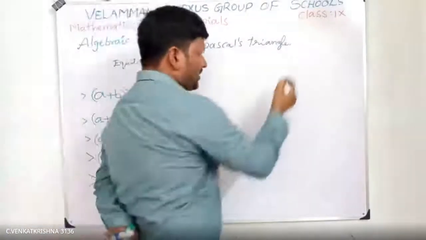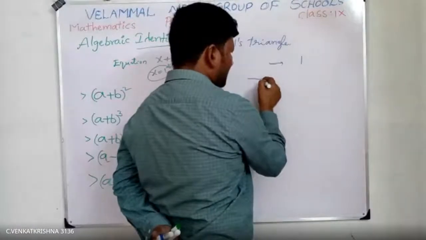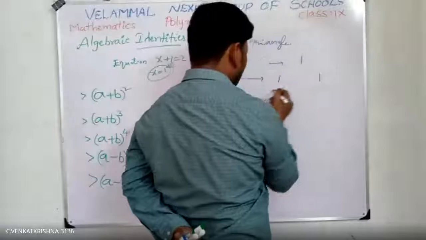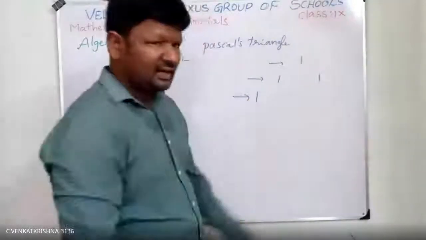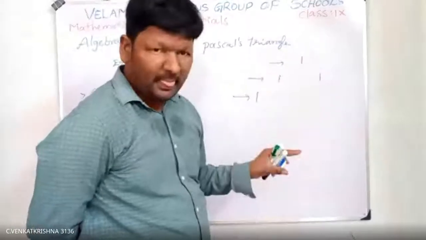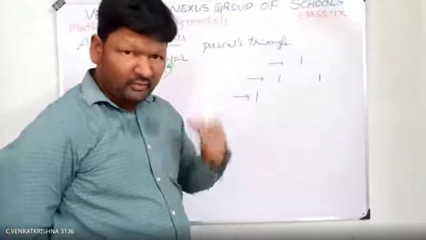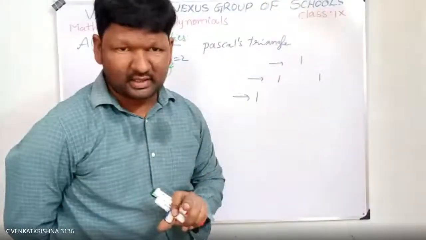See what the pattern is. 1 and again the same 1. First I wrote 1. The Pascal triangle always starts with 1 and ends with 1. Clear?